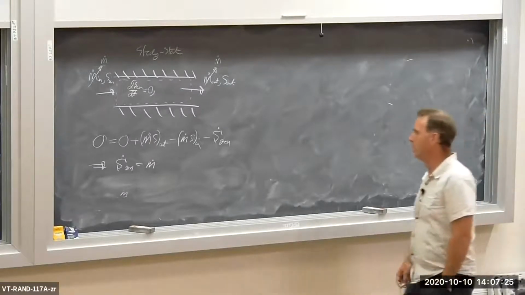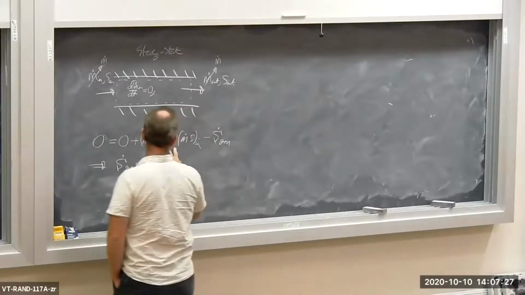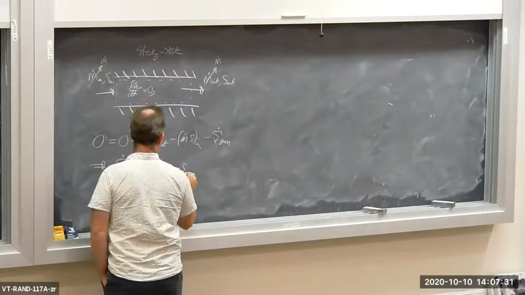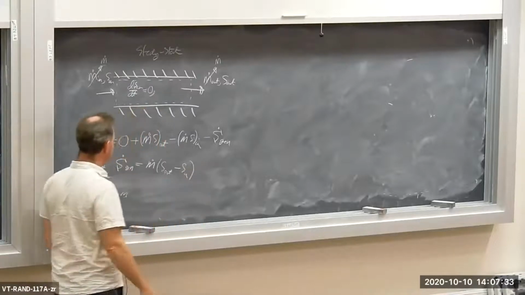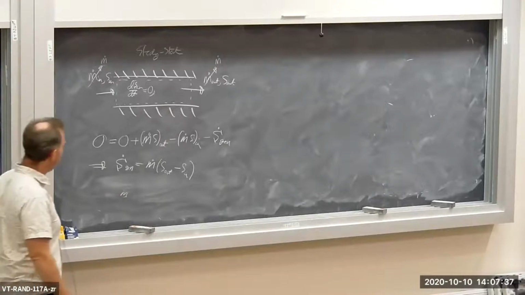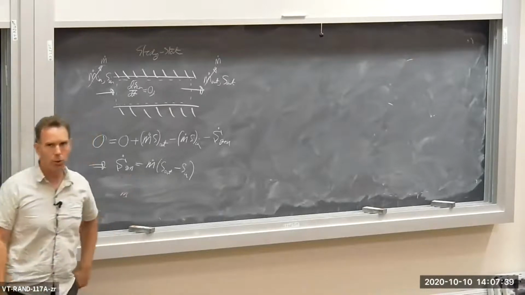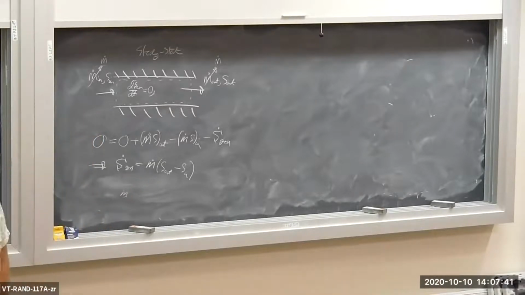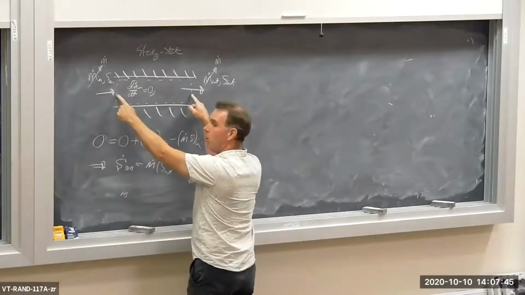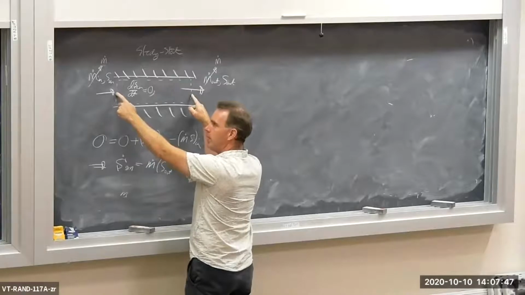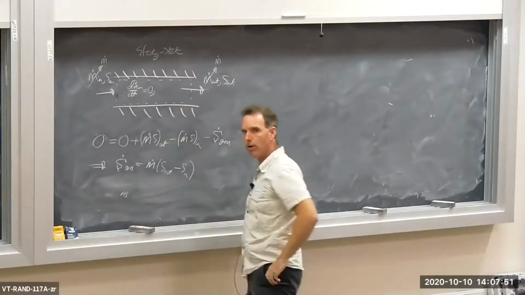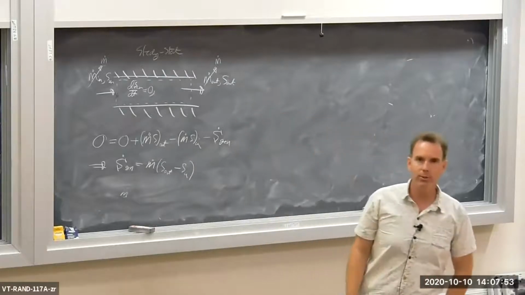So I can factor out the m dot, and I get s out minus s in. This tells me the rate of entropy generation within the control volume is equal to the change in specific entropy as the fluid enters and leaves the control volume, times the mass flow rate.